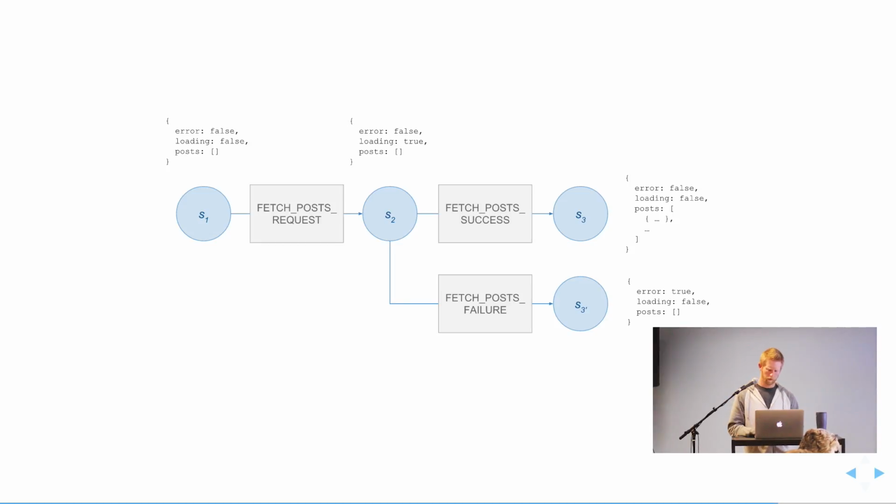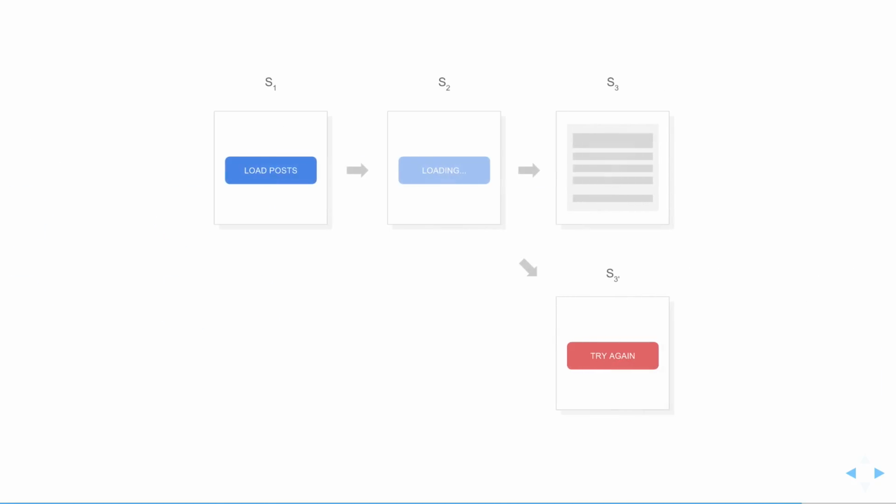and our state will be that we are not loading, but we do have an error and we have no posts. So if we look at a hypothetical user interface for those particular states, we can see that before we've initiated a request, our button is active. The user clicks on the button, we dispatch our load post action, which is then transformed into the first action, which is make the request.